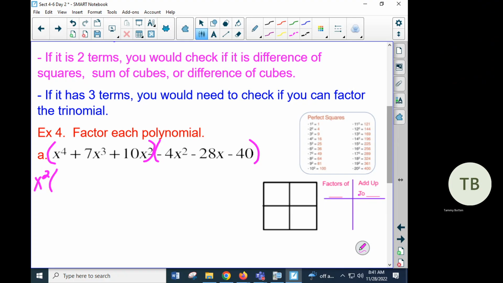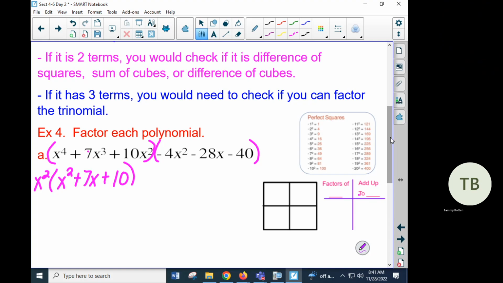And then I think x squared times what gives me x to the 4th? That's x squared. X squared times what gives me 7x to the 3rd? That's a 7 and an x. X squared times what gives me 10x squared? That's 10. Okay.